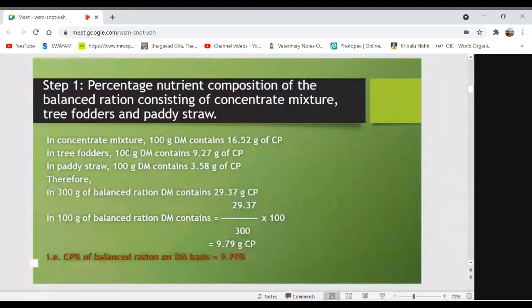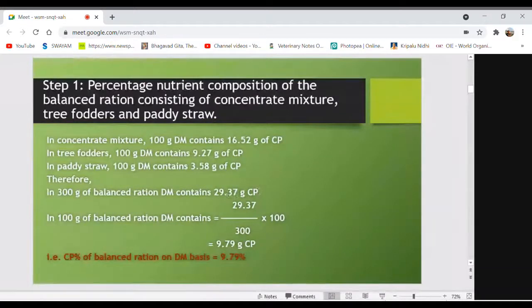Therefore, in 300 gram of balanced ration, okay, this is a balanced ration comprising concentrate mixture, tree fodder, and paddy straw, in 300 gram of balanced ration dry matter, that means together it contains total how much? This plus this plus this, it will be 29.37 gram of CP.